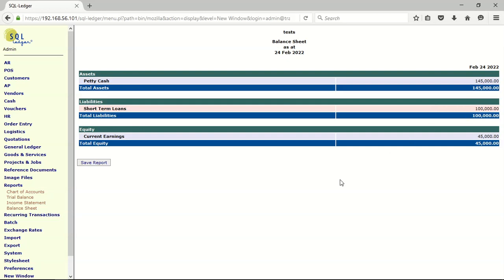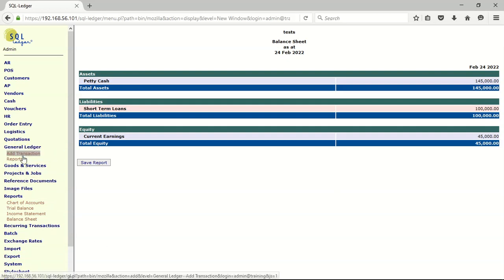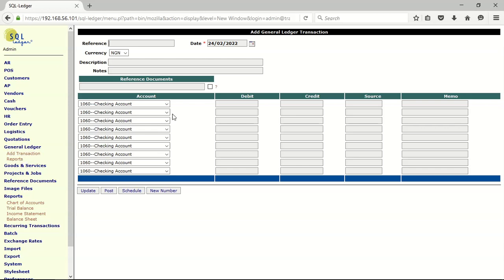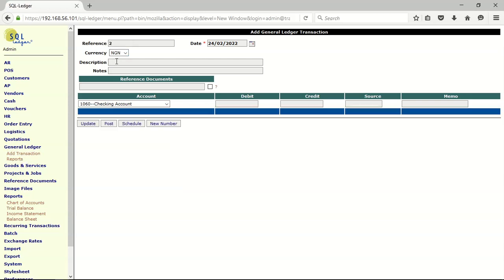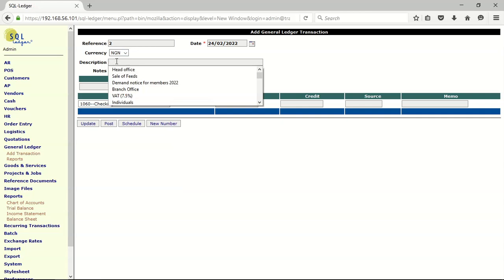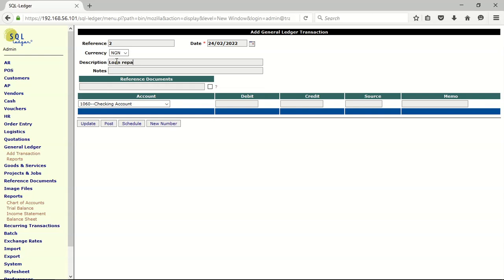Make we say the loan people dey disturb mama, so she come pay loan. We go to general ledger and we add the date. We now say loan repayment.